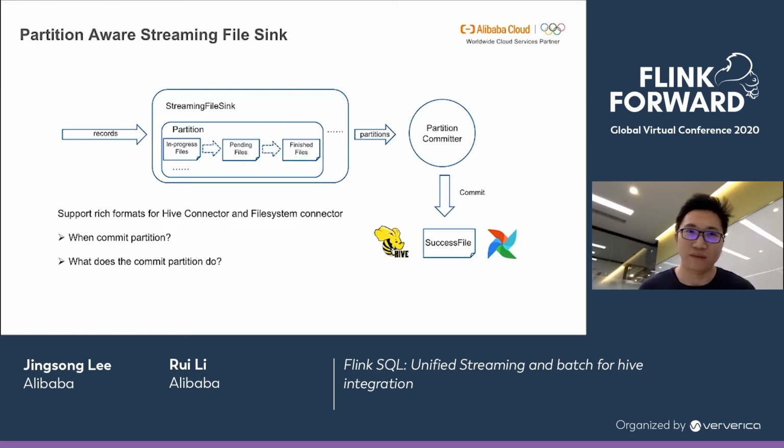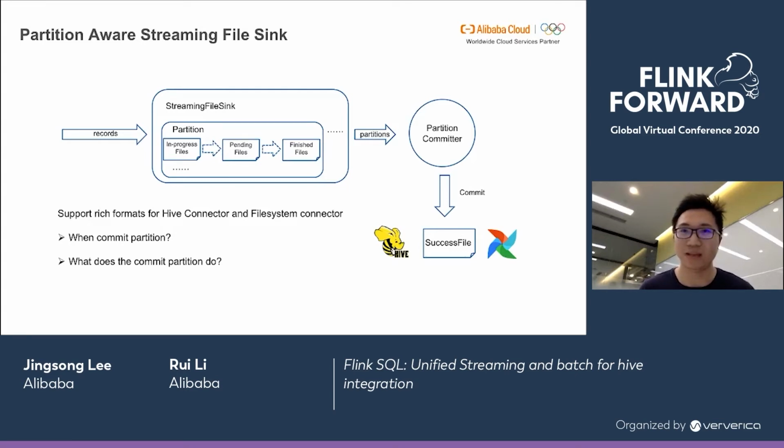On the basis of streaming file sync, it adds partition commit. What is partition commit? Because our typical Hive tables are partitioned tables, when a partition is ready, it's necessary to notify downstream that the partition has been persisted and can be synchronized to the Hive metastore. We need to effectively trigger the specific partition commit at the right time.